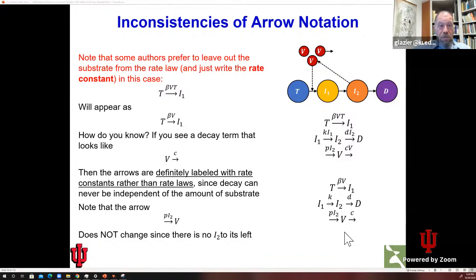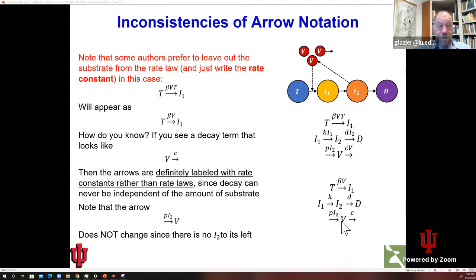And so specifically for any arrow that starts at a species, you need to multiply by the species amount. But for an arrow that starts at nothing, you don't multiply. Or you could say you multiply by nothing, but not 0 by nothing. Okay, and so that's something that you have to be aware of.